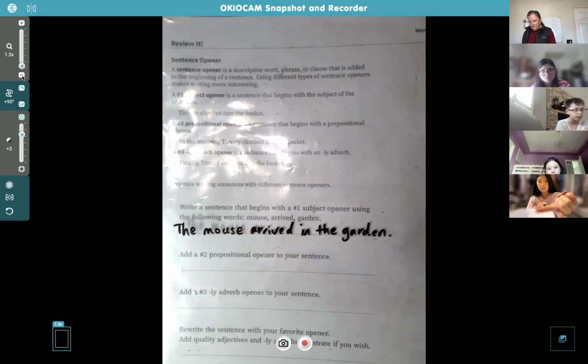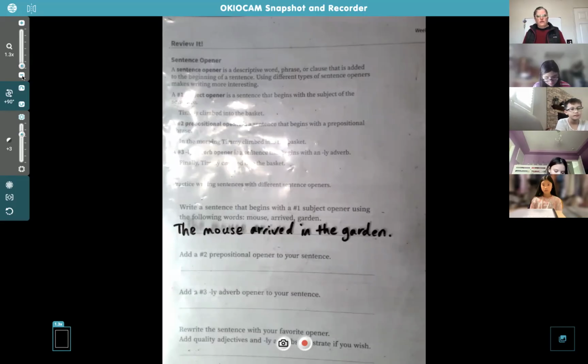London, you got one? In the morning, the mouse arrived in the garden. Yes, that would work. In the morning, the mouse arrived in the garden. Good job. Anybody else have one? Prepositional opener? Because in the morning, in is a preposition.